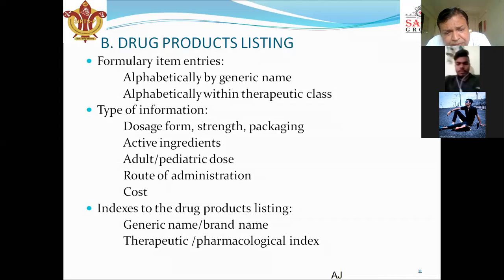That index is prepared alphabetically by generic name or brand name, and as a therapeutic and pharmacological index.